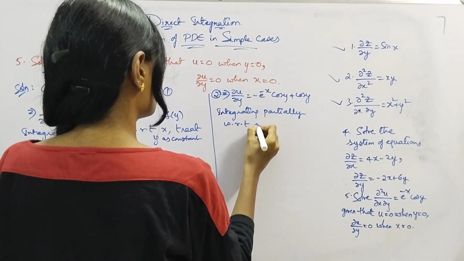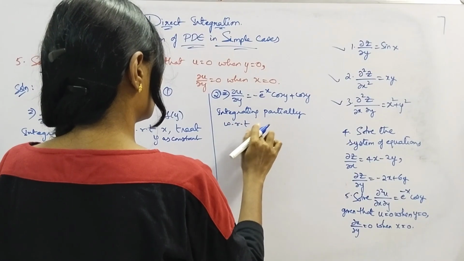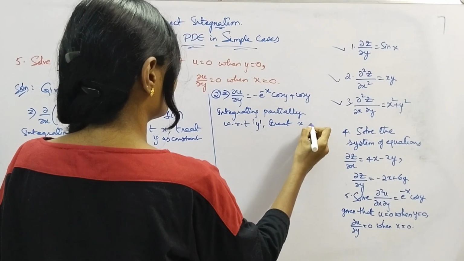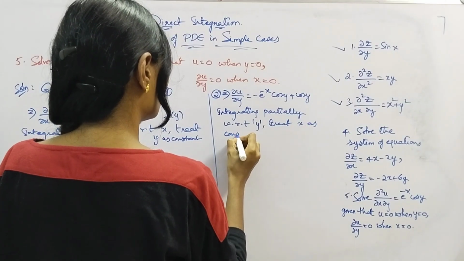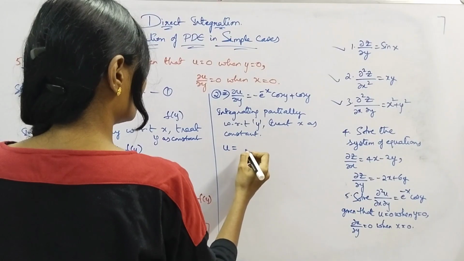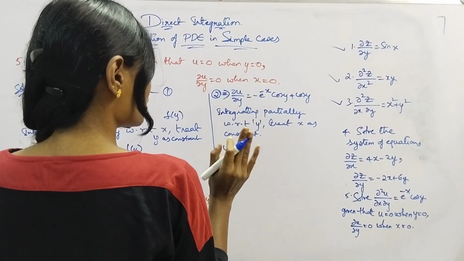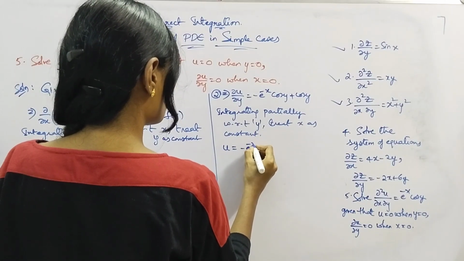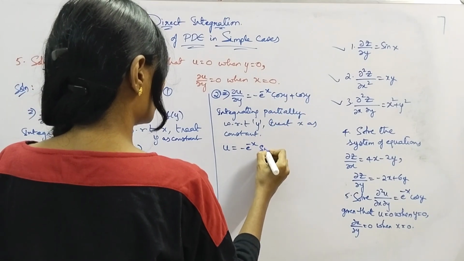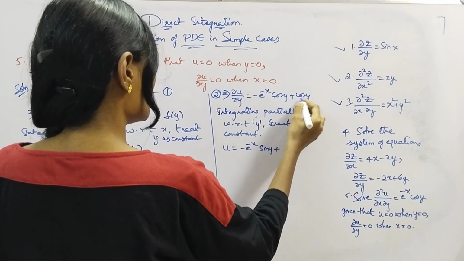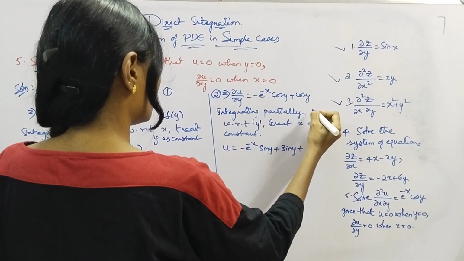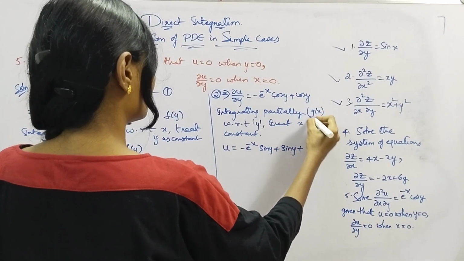With respect to y, treat x as constant. Now this becomes u equal to, we have to integrate with respect to y, right? So minus e power minus x is treated as constant, and integral cos y is sin y, plus the integration constant g of x.